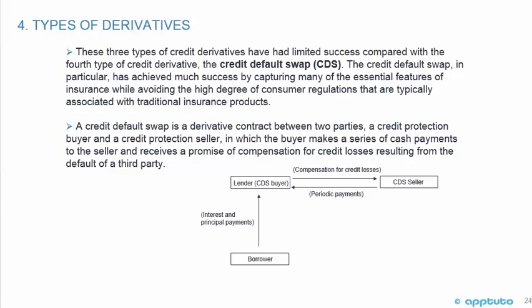So you can see the little graphic here. We've got a lender and we've got a borrower, okay? Of course, the borrower is paying back interest and principal payments. So in the credit default swap, you can see that the CDS buyer is going to make periodic payments and is going to be compensated if there are any credit losses.